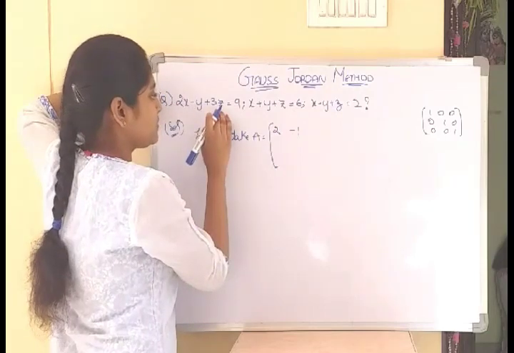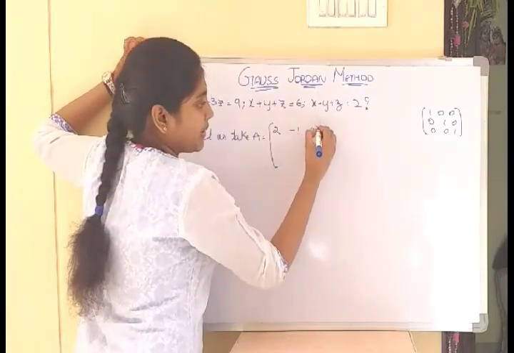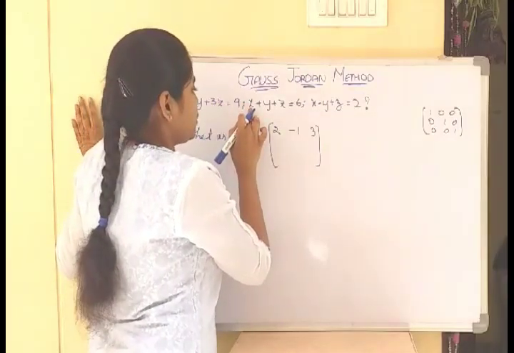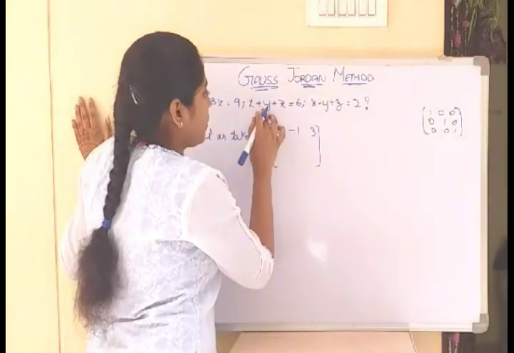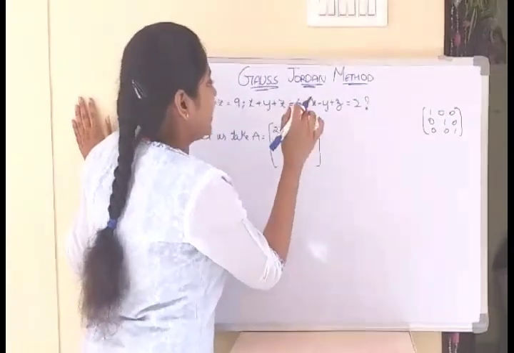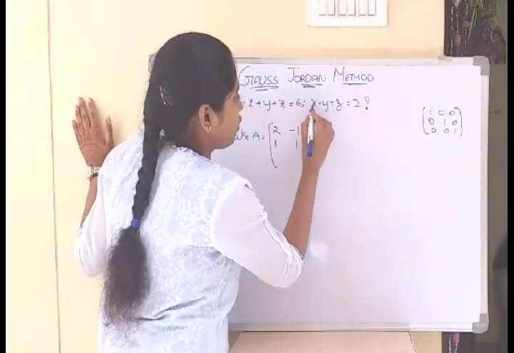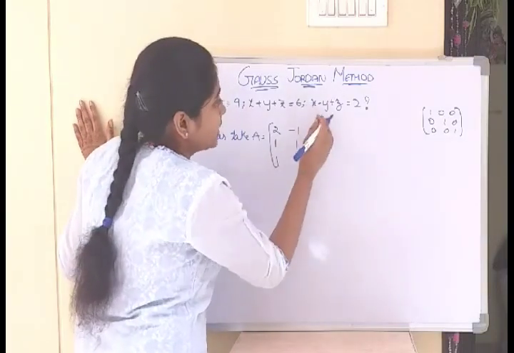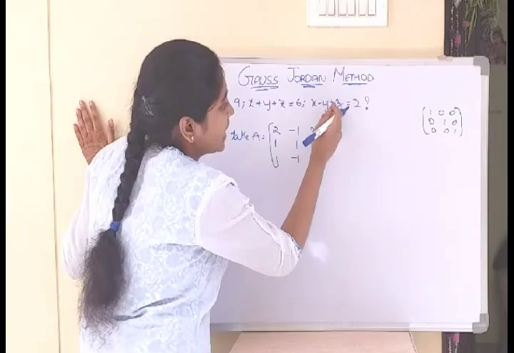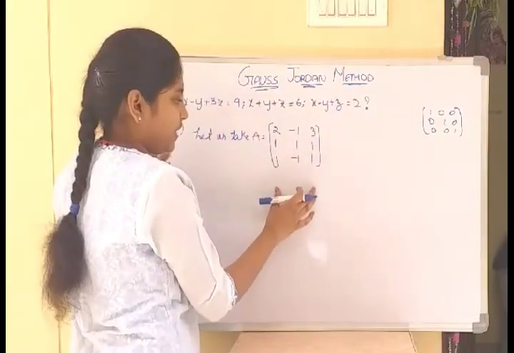The coefficient of z is 3. Now in the second equation, the coefficient of x is 1, y is 1, and z is 1. In the third equation, the coefficient of x is 1, the coefficient of y is minus 1, and the coefficient of z is 1. We have written the A matrix.